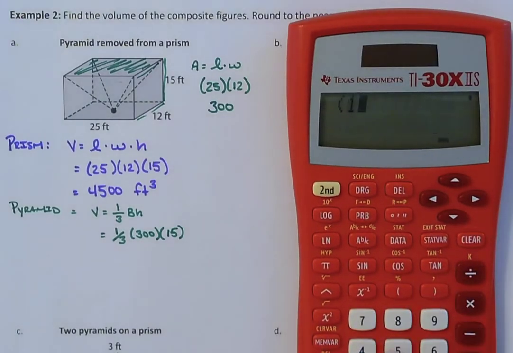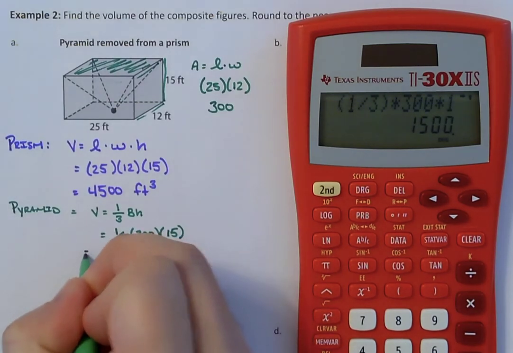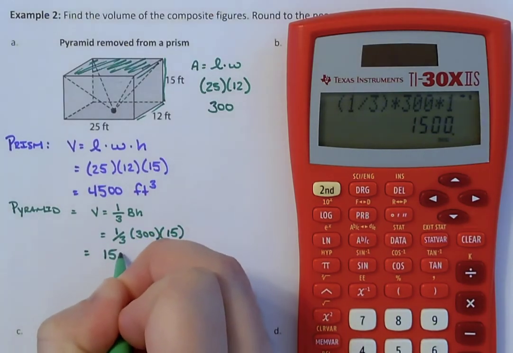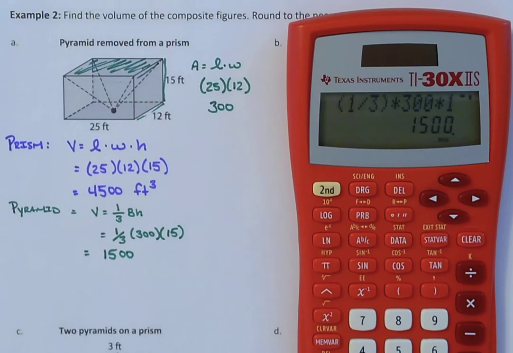So 1/3 times 300 times 15 gives us a volume of 1,500, and that tells us the volume of the pyramid.